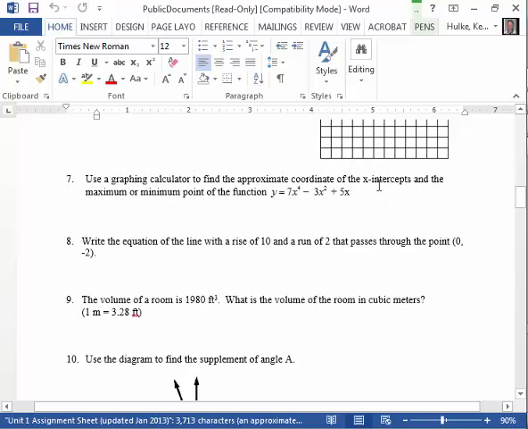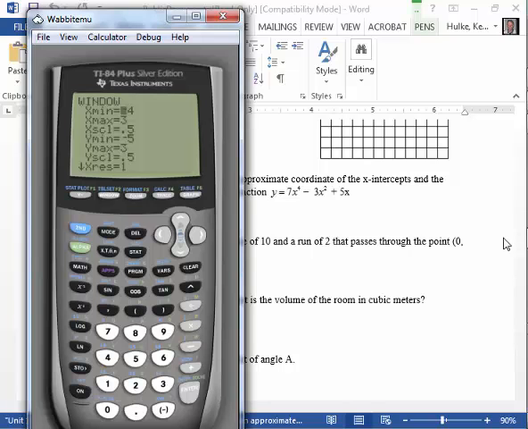To approximate, using a graphing calculator, find the approximate coordinates of the x-intercepts, maximum or minimum. So let's enter this on the graphing calculator. Y equals, clear.